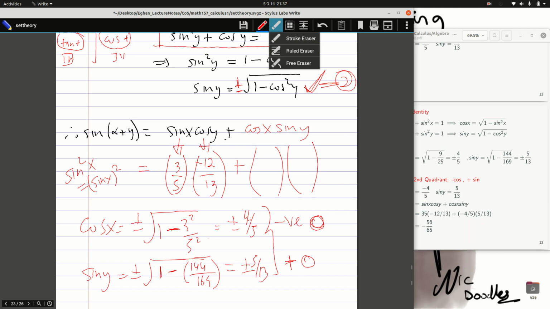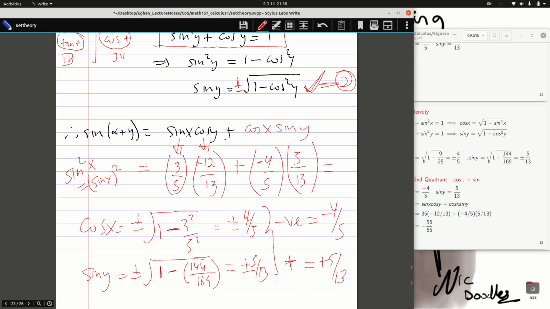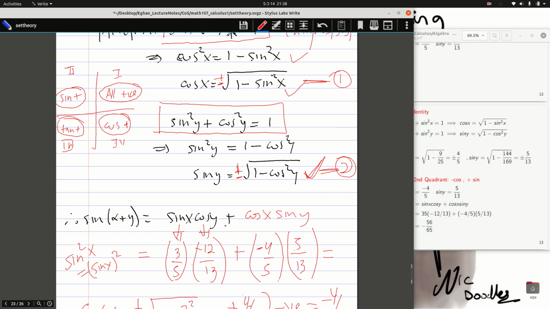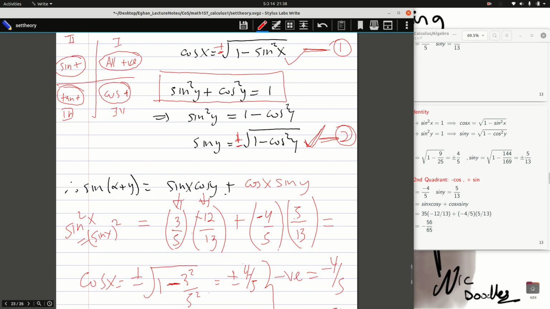So since I need to take the negative answer for cos, I'm going to take negative 4 on 5, and here I'm going to take positive 5 on 13. And so I can get my final answer. I hope it wasn't that complex. It is the use of the identities.